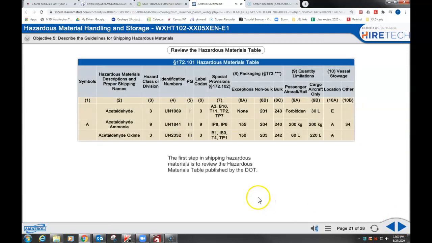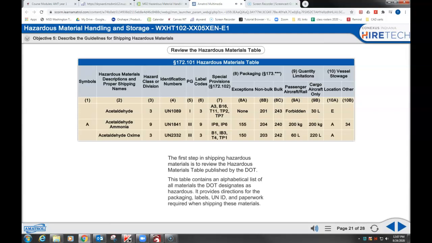The first step in shipping hazardous materials is to review the hazardous materials table published by the DOT. This table contains an alphabetical list of all materials the DOT designates as hazardous. It provides directions for the packaging, labels, UN ID, and paperwork required when shipping these materials.